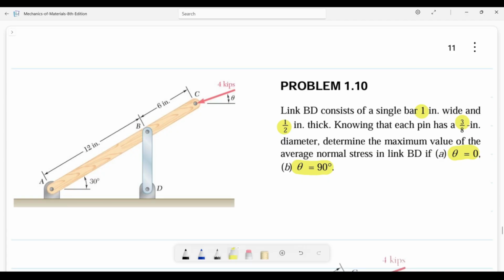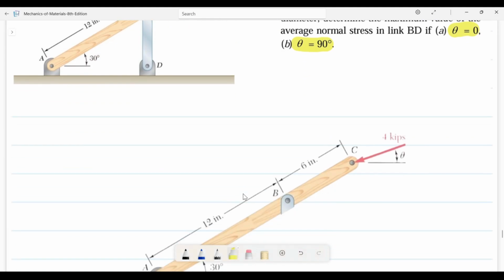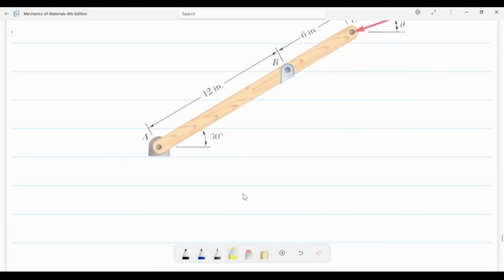Again, as usual, let's go back to the free body diagram and sketch the loads and support reaction.